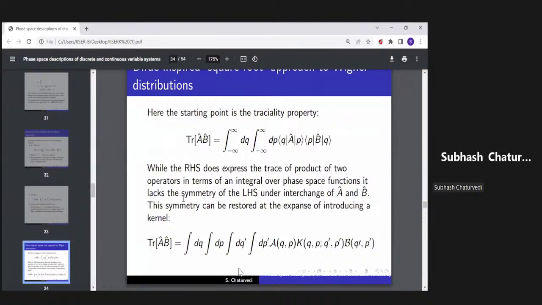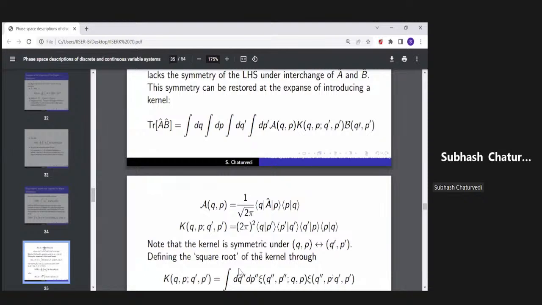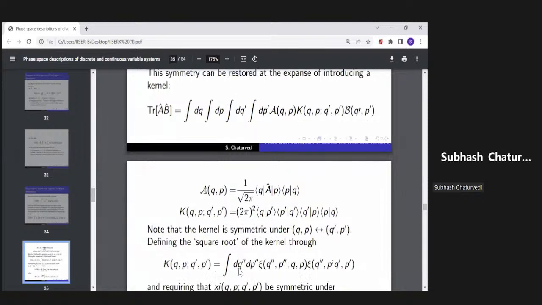What one can show is that this right-hand side can also be expressed in this manner by using completeness relations at appropriate stages, where A(Q,P) is defined in this manner.